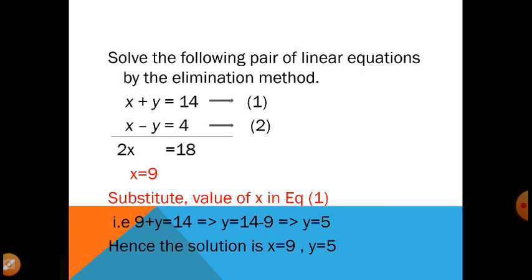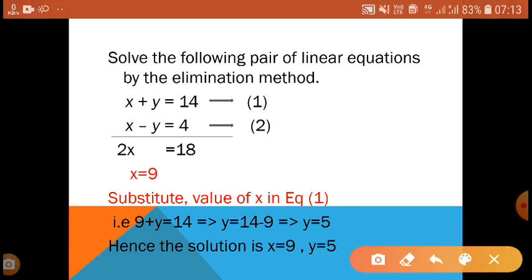Solve the following pair of linear equations by the elimination method. I have taken the equations x plus y equal to 14, x minus y equal to 4. Here if you observe, the coefficient of x, where no coefficient is written, is 1, and the coefficient of y is also 1.